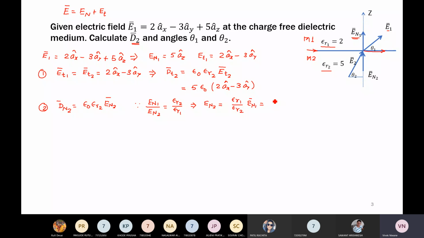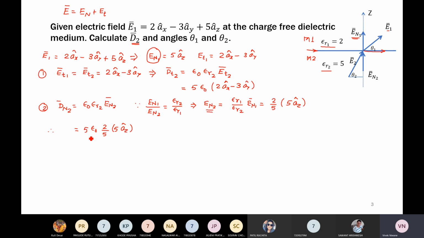Okay, and epsilon r1 is 2 upon 5 and En1 is 5 az cap. Okay, so we will use this En2 in this expression. Therefore we can say that Dn2 is epsilon 0, epsilon r2 over here is 5 and En2 is 2 upon 5 into 5 az cap.